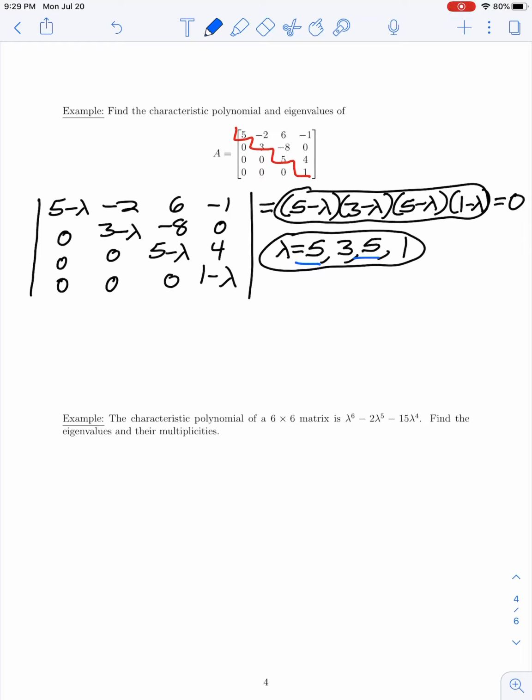So, a little terminology to go along with this: we would say that the eigenvalue lambda equals 5 has multiplicity 2. Since it was a double root, the multiplicity of that eigenvalue is 2. So in general, the multiplicity of an eigenvalue is the number of times it is a root of the characteristic equation.